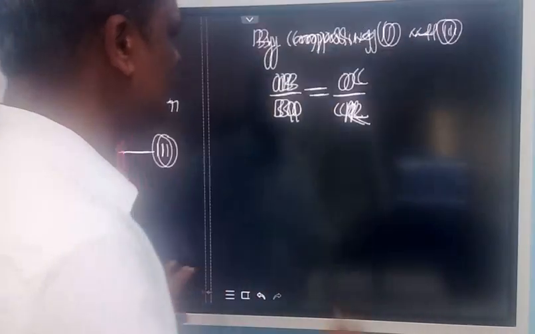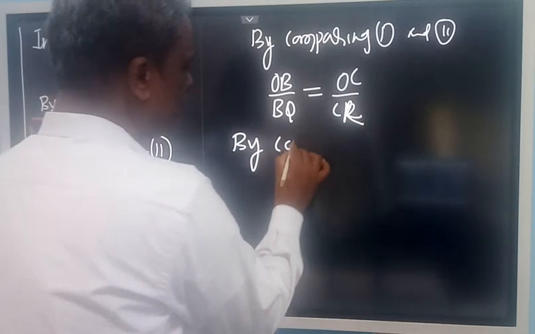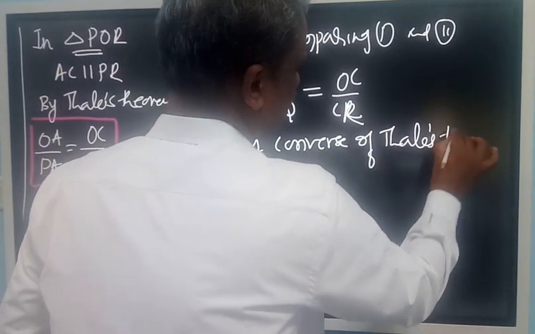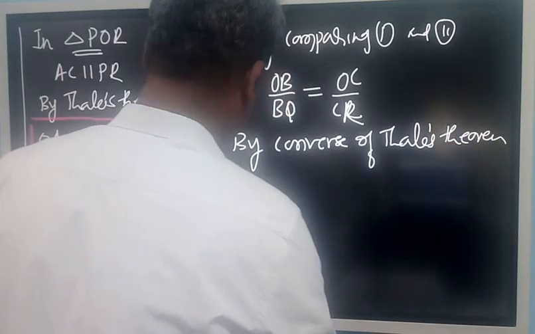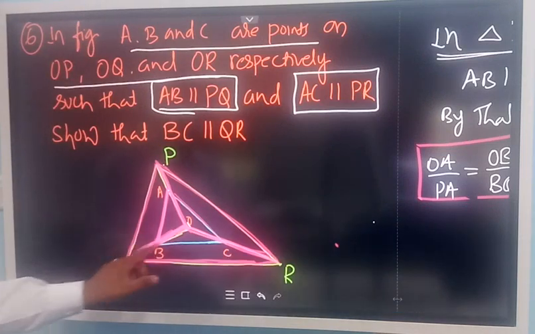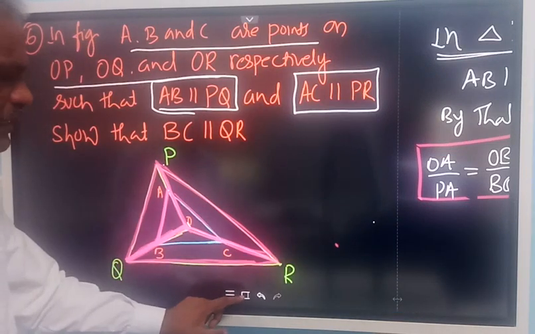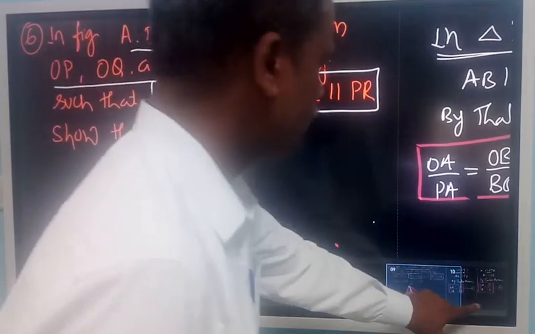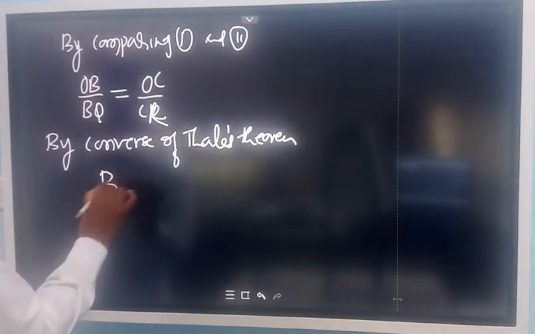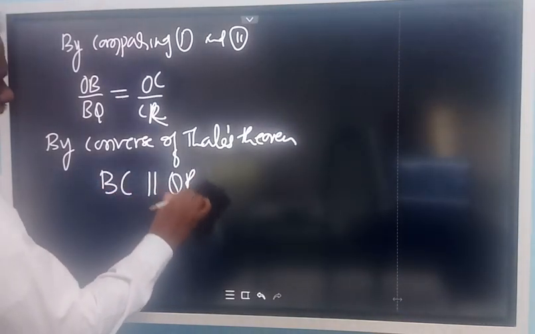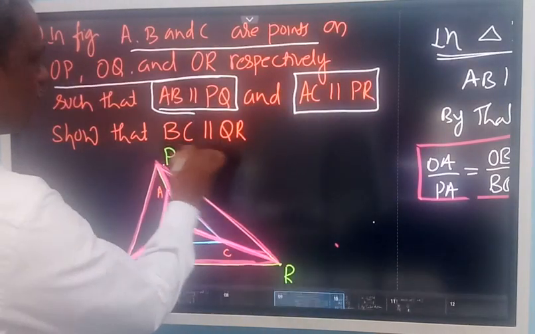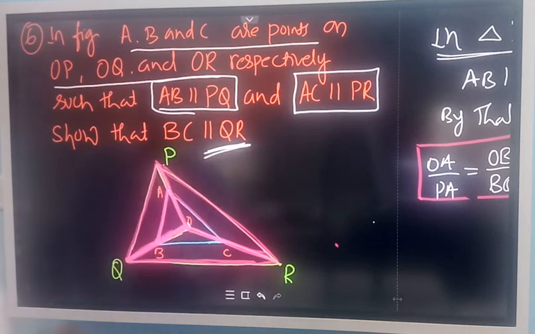By converse of Thales theorem, BC is parallel to QR, isn't it? So we write BC parallel to QR. This is what we wanted to prove in the question. So we proved that BC parallel to QR.